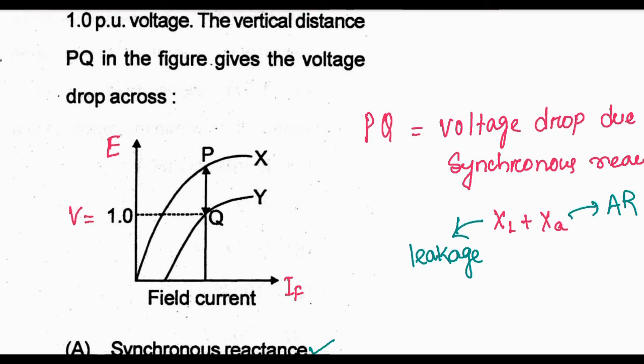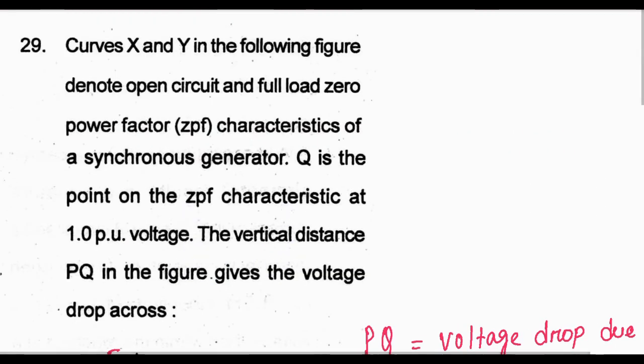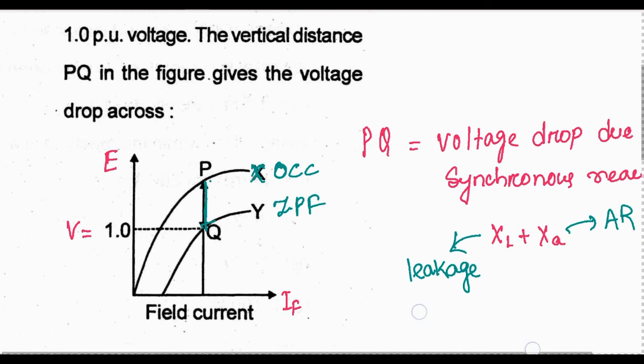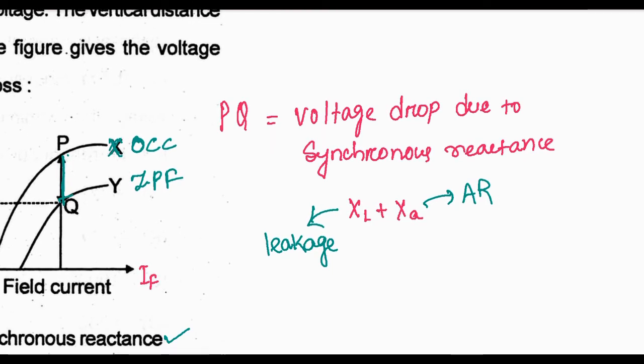So in this figure, X and Y denote the open circuit and full load ZPF. This one is the open circuit OCC, and this one is the ZPF. So PQ, what is PQ? The question is asking for PQ. So PQ is the voltage drop due to synchronous reactance.